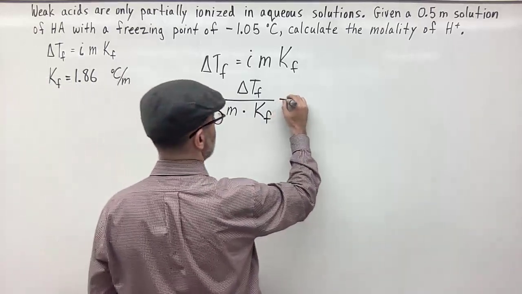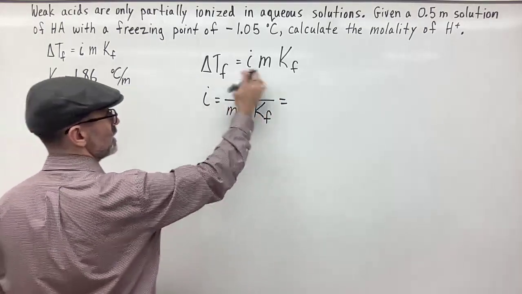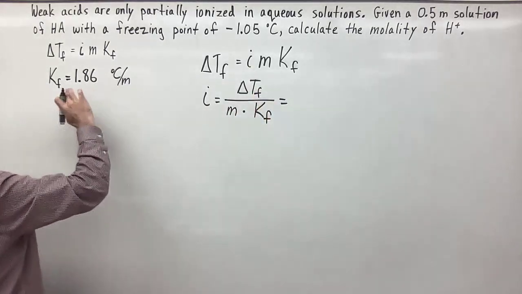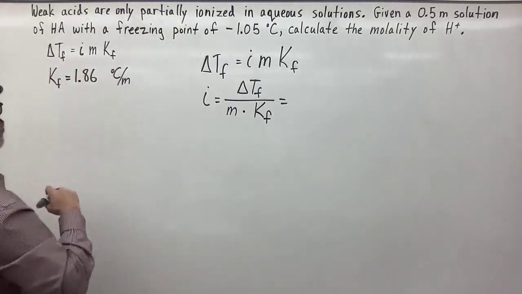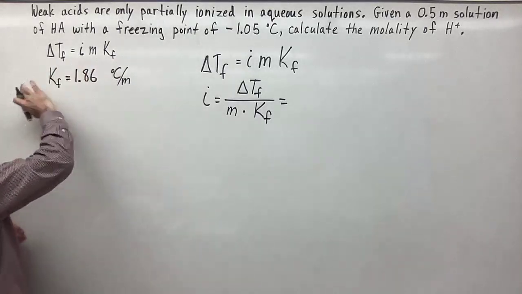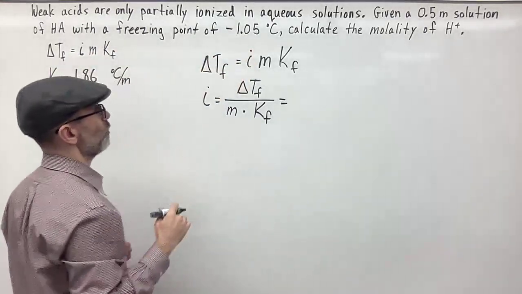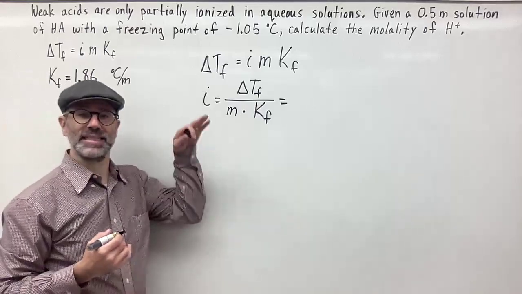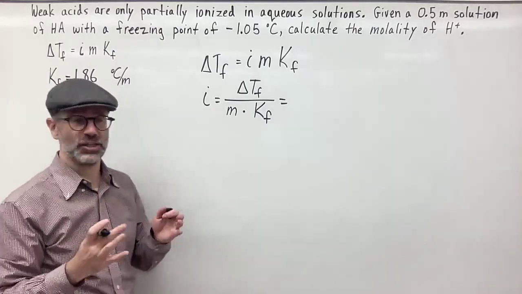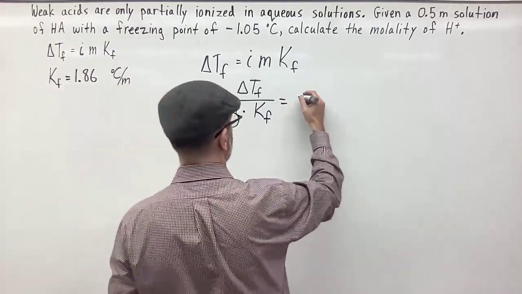So we plug everything in. The delta Tf is going to be a positive change. The negative just means that it decreased by that much, but the change is going to be a positive value.